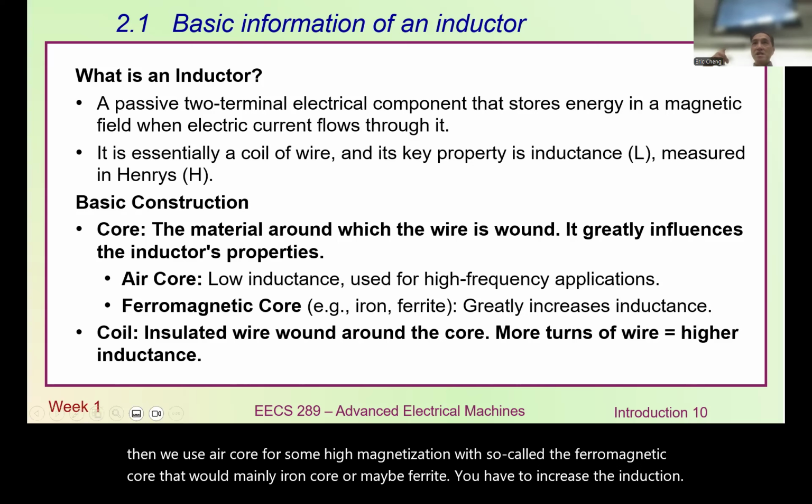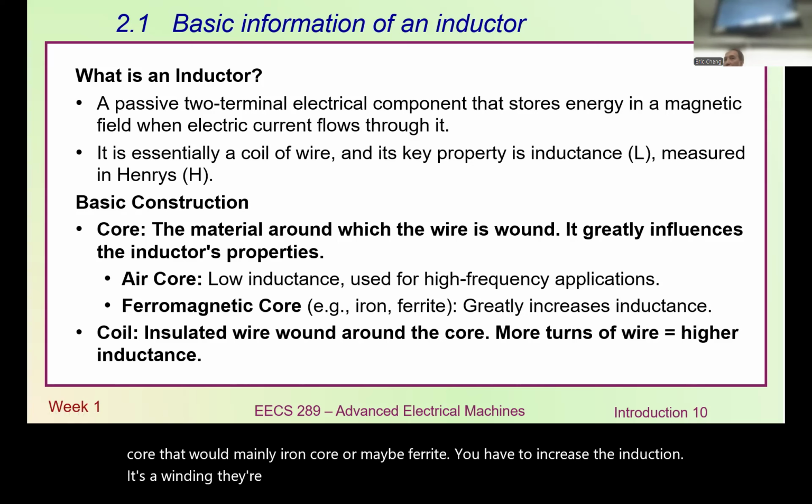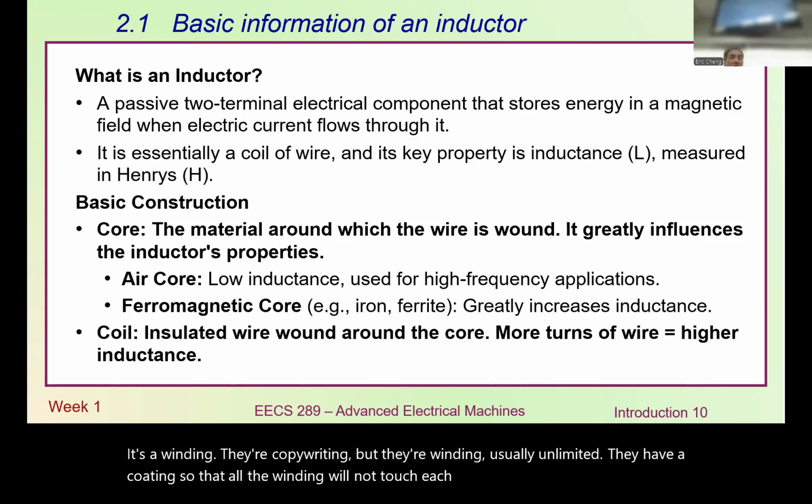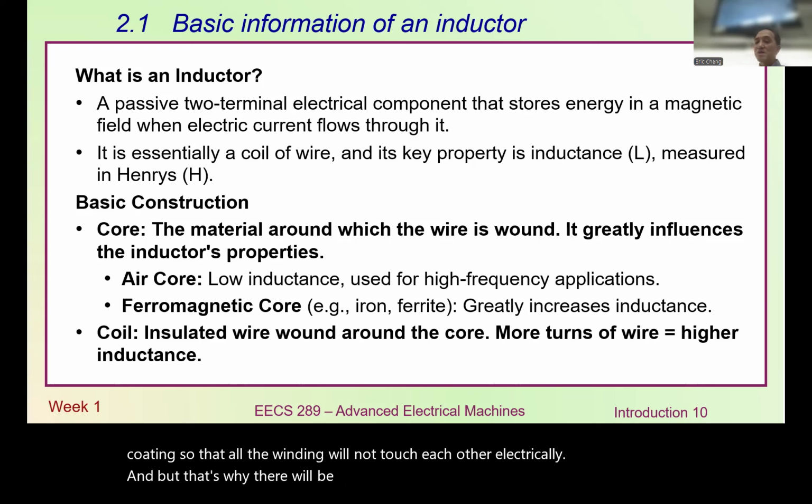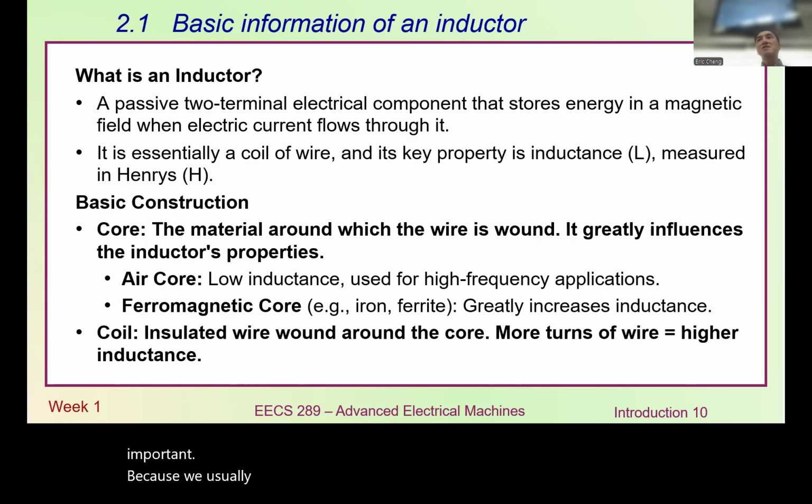Each winding is copper, but the windings are usually laminated. They have a coating so that the windings will not touch each other electrically. That winding is also an important part of the design, because we usually increase the number of windings to increase the inductance or the motor inductance.